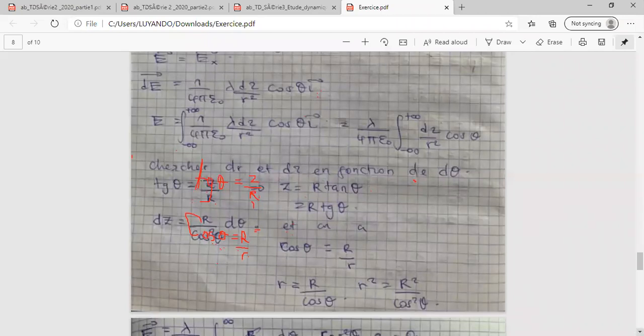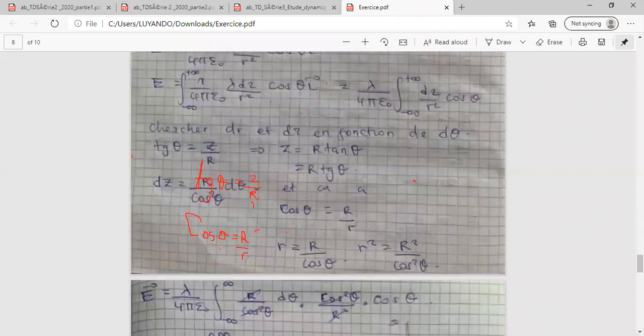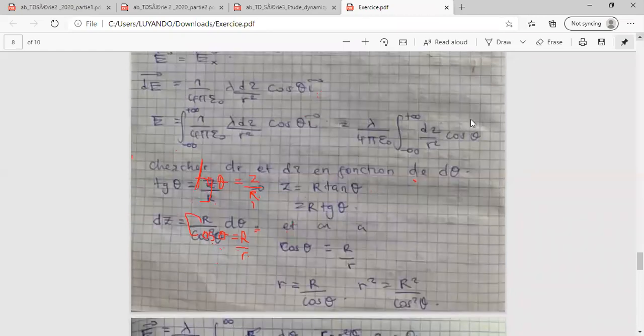And then from here, we're going to replace in our actual equation what we found. We've expressed dz and dr in function of theta. Our dz was equal to R over cos squared theta d theta, so we put it here, and our r squared is equal to this, replaced here.